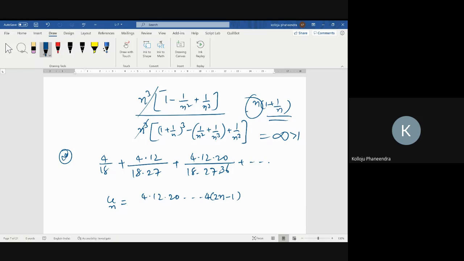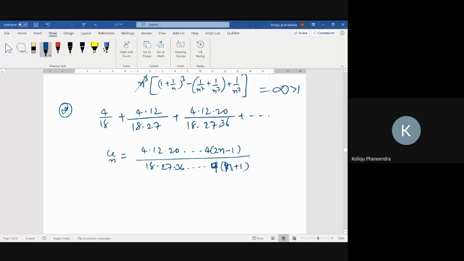When n equals 2, it is 3, right? Next, the denominator: 18 into 27 into 36, 9 into n plus 1. Finished, right?